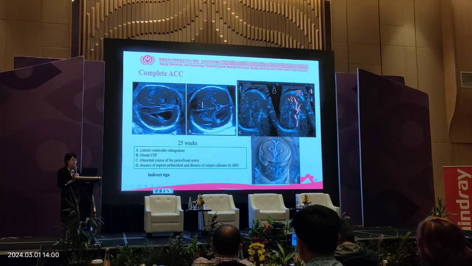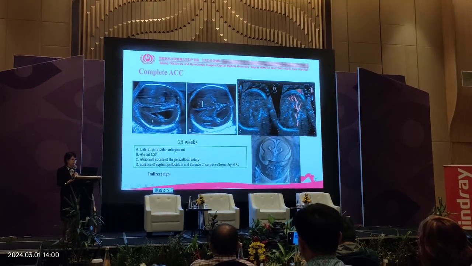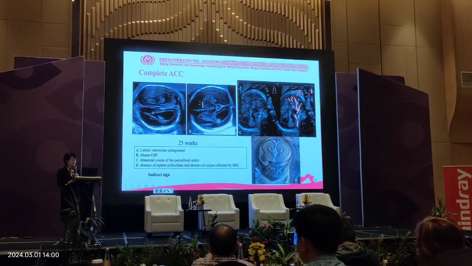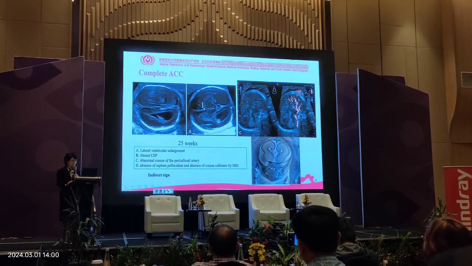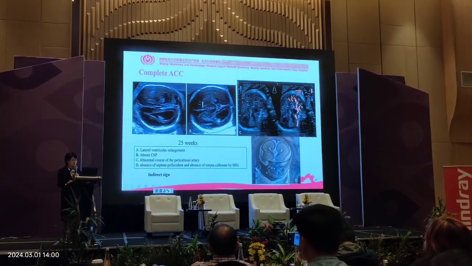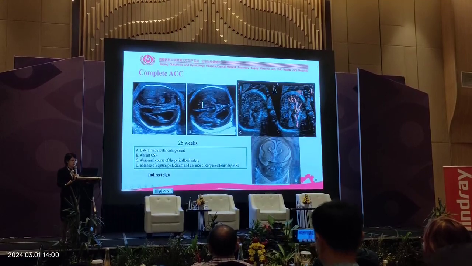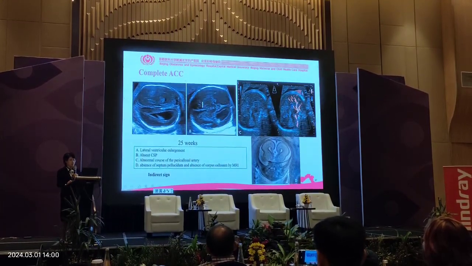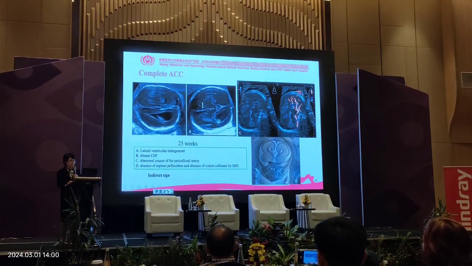This baby is 25 weeks. Also, you can see the teardrop. It's complete ACC. Absent CSP, lateral ventricular enlargement, and also abnormal course of the pericallosal artery.